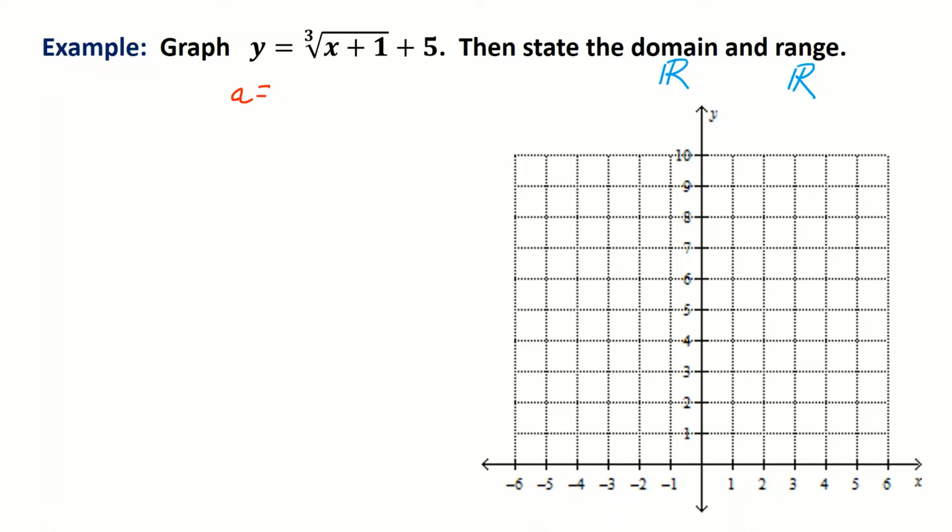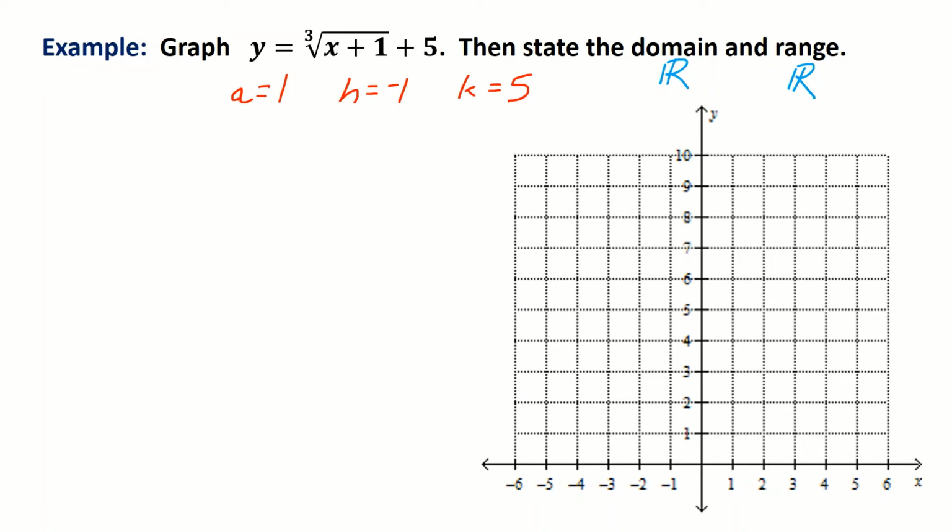Don't see an a, so I'll leave it blank for now. h is negative 1 and k is 5. Okay, there it is. a is actually 1 because you have a 1 times that cube root. I will erase that one though, but if you want to put it there, go ahead and do that.